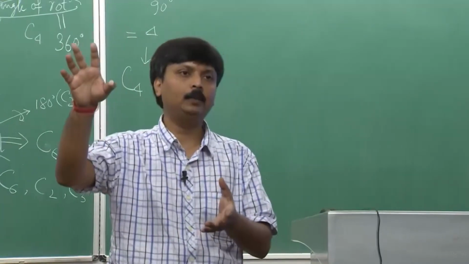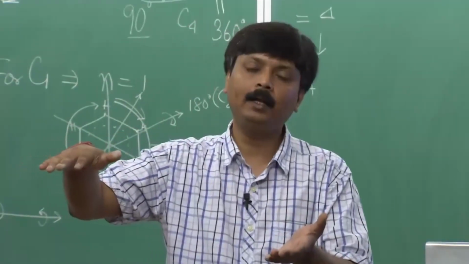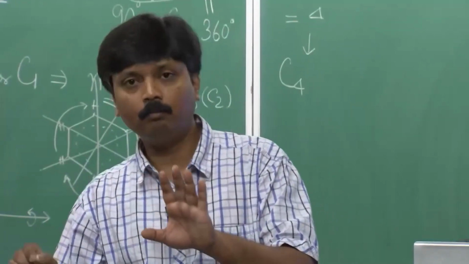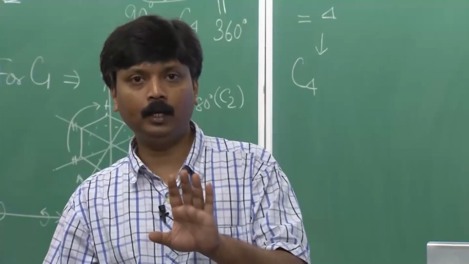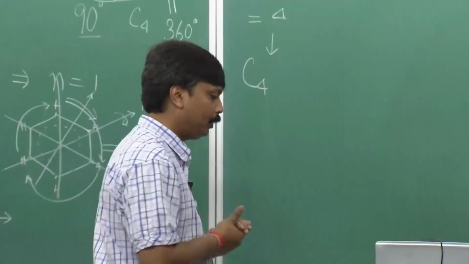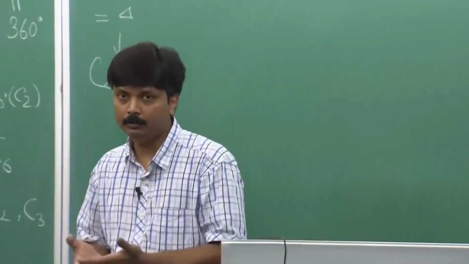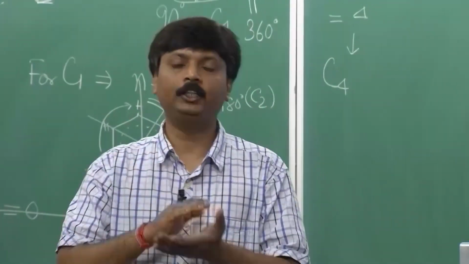If you take this xyz coordinate and you reflect it about a plane, and you get an identical structure having coordinates minus x, minus y, minus z, then you get an equivalent and indistinguishable structure by this reflection.